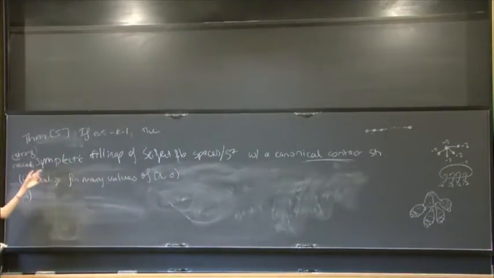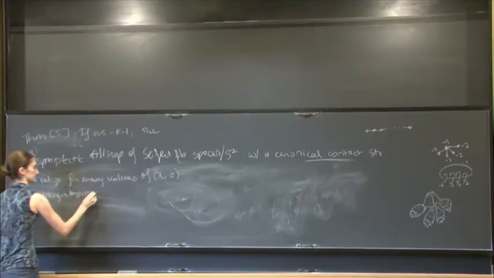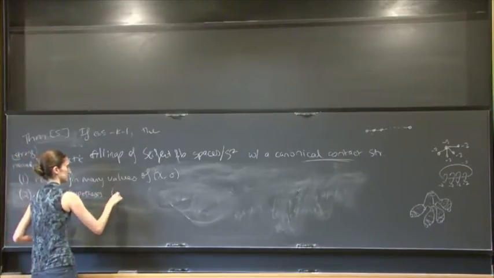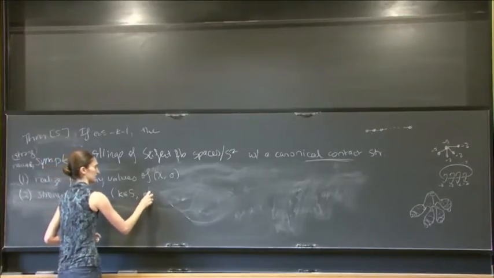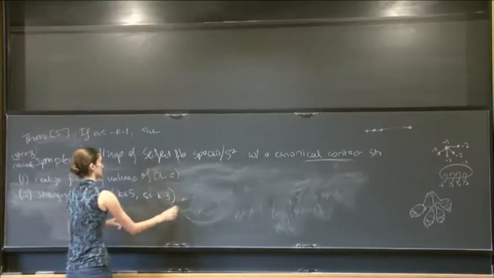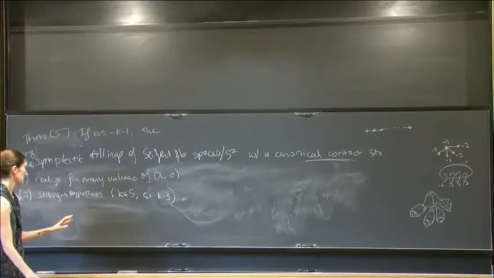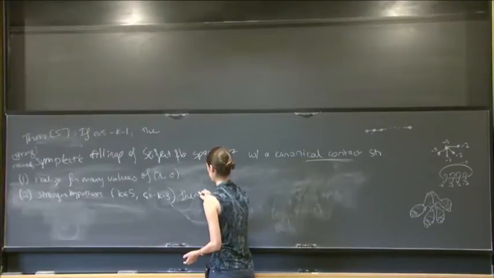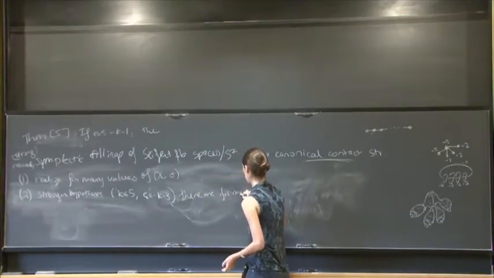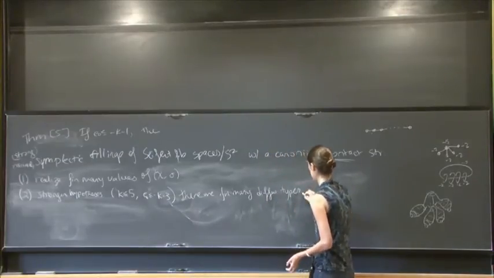And if I make some stronger assumptions about the Seifert fibered space I'm looking at, so under stronger hypotheses, which either means that I'm looking at a small number of singular fibers, or I put some additional negativity condition on this central vertex weight, then there are finitely many diffeomorphism types of these fillings.